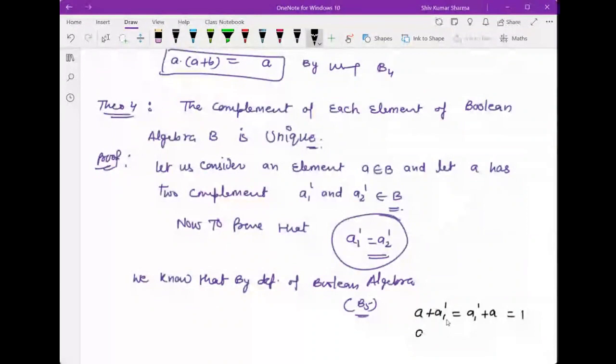This is for addition, and similarly for multiplication: A into A1 complement or A1 complement into A equals 0. So this is equation number 1.